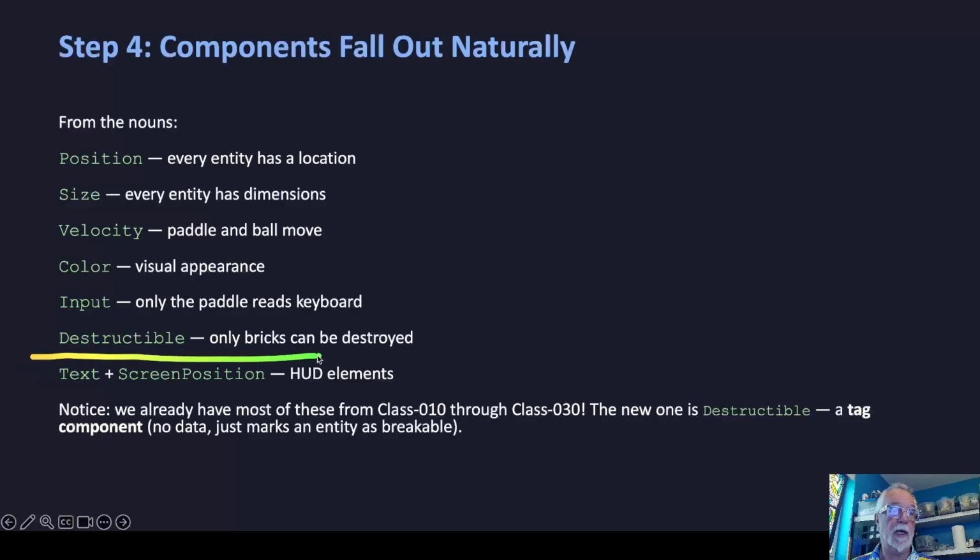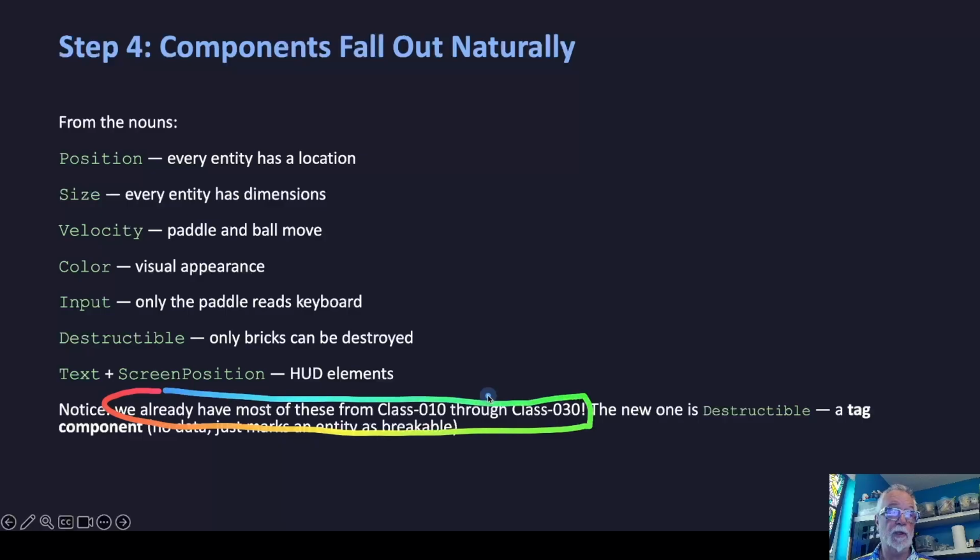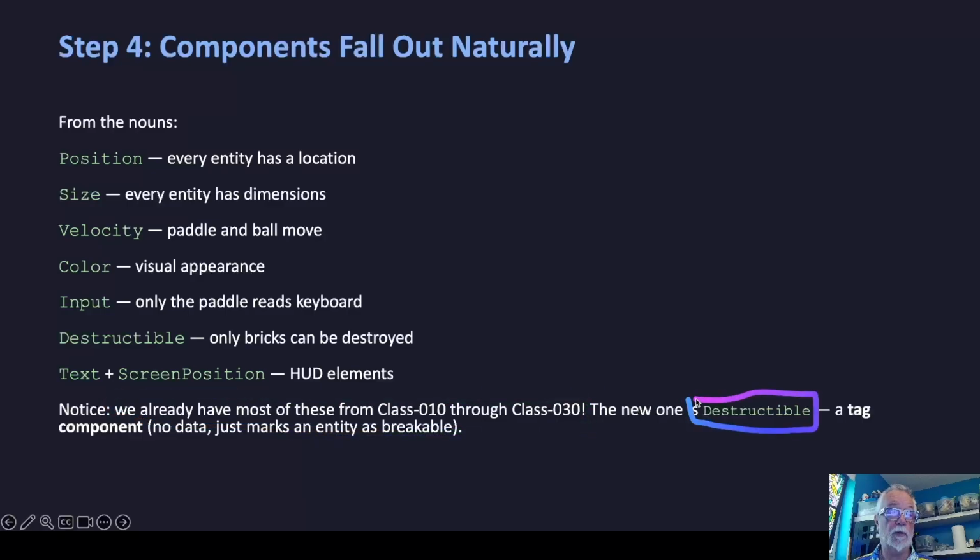So basically we're going to add a component that says this thing is destructible, right? That way we know that we can actually destroy it. We already have most of these. The one that we're going to add is destructible.